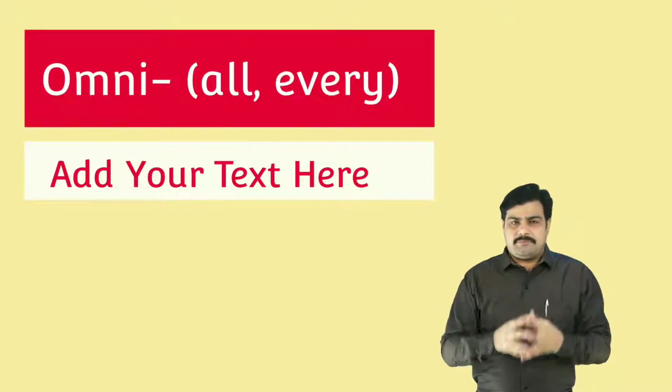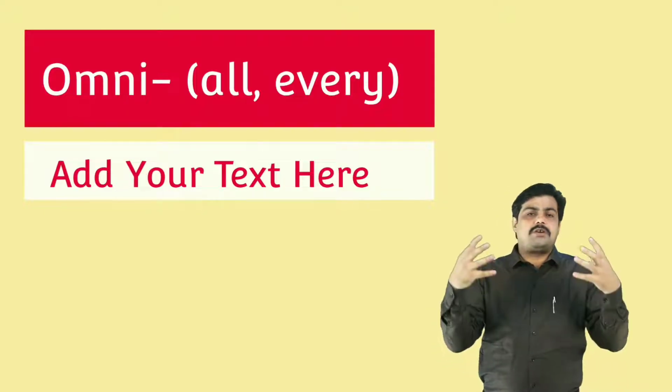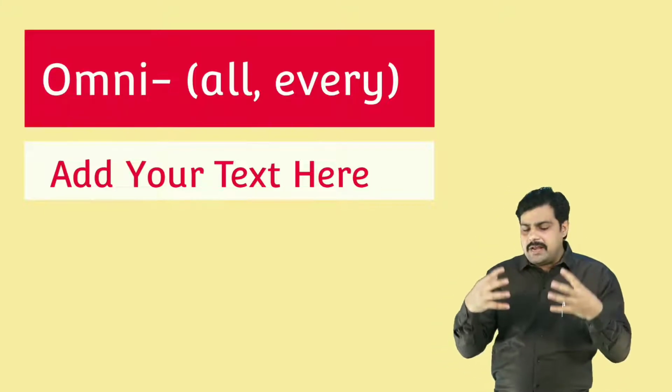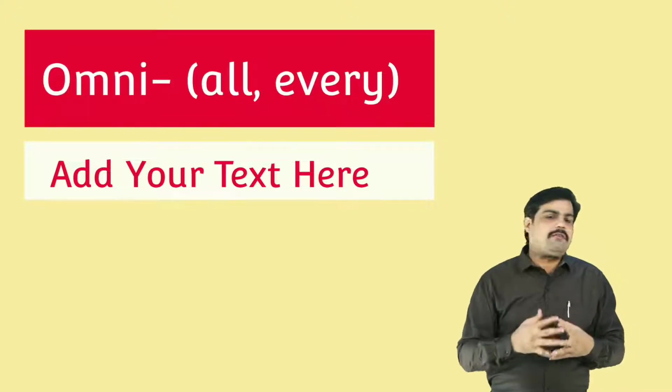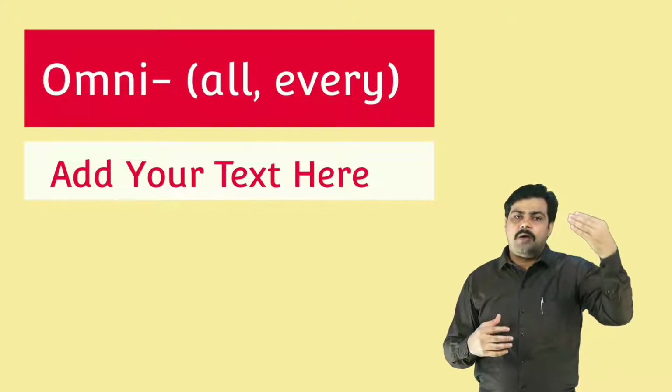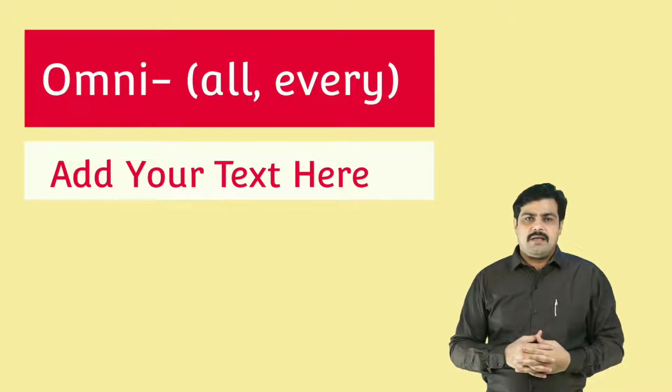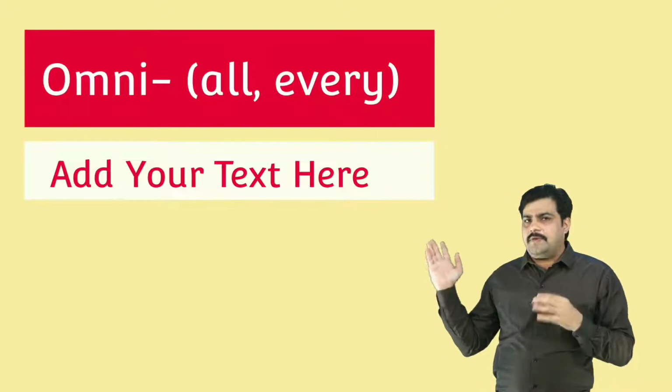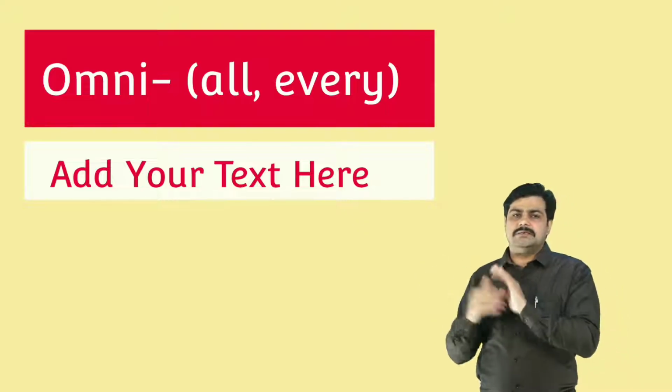Another important prefix is omni, and omni means all or every. It encompasses all. So the very important words, and you must learn them also, are made on this same prefix, omni. The first one is omnipresent.